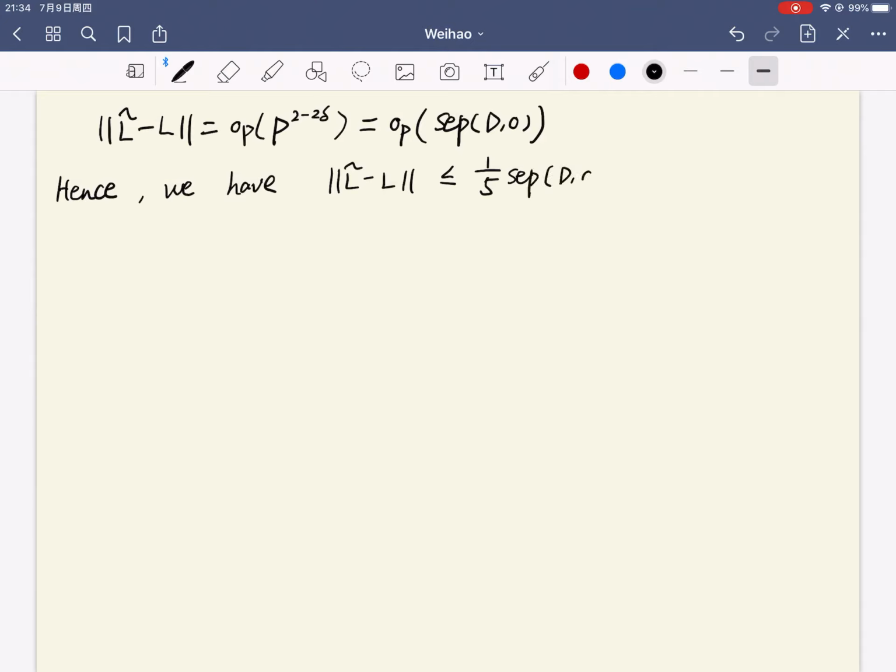Suppression with high probability because this is little o. Or we can see that for sufficiently large p, we can guarantee that this is less or equal to a bound.